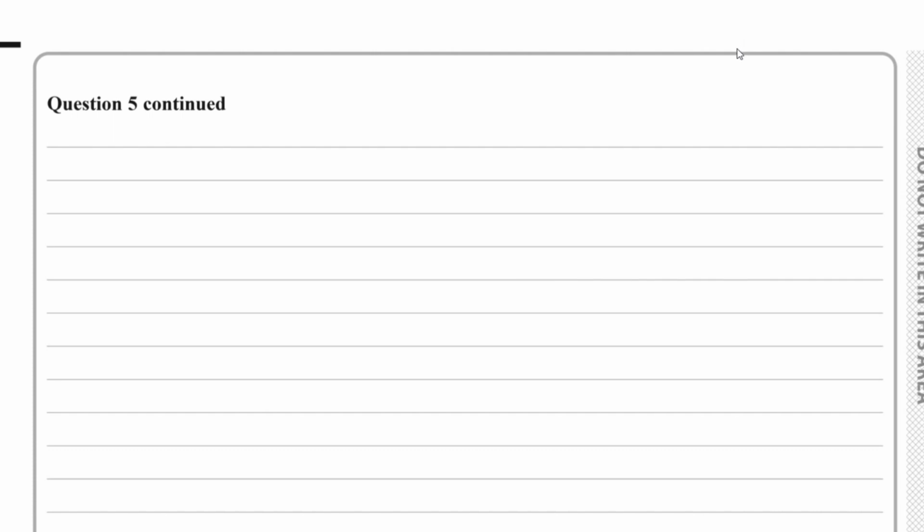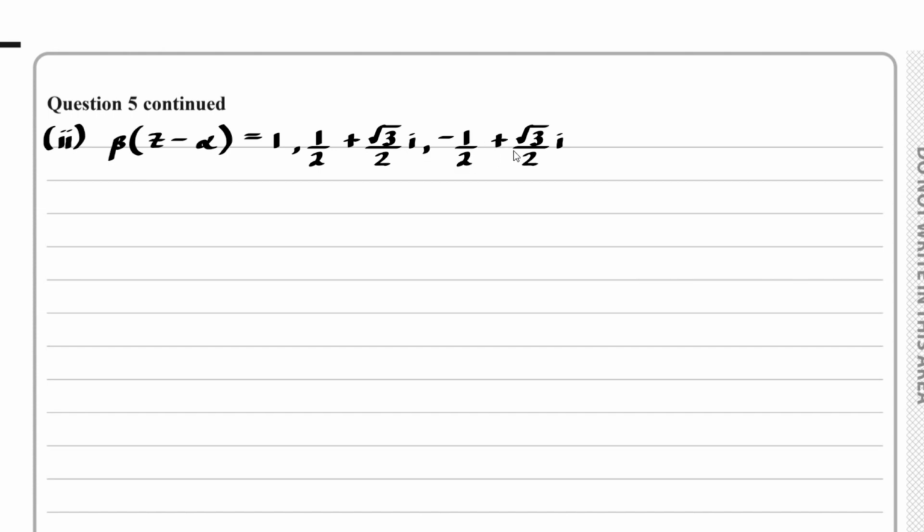So we have beta multiplied by z minus alpha, that's equal to 1/2 plus root 3 over 2 i, negative 1/2 plus root 3 over 2 i, negative 1, negative 1/2 subtract root 3 over 2 i, 1/2 subtract root 3 over 2 i. We know what beta is and we know what alpha is.